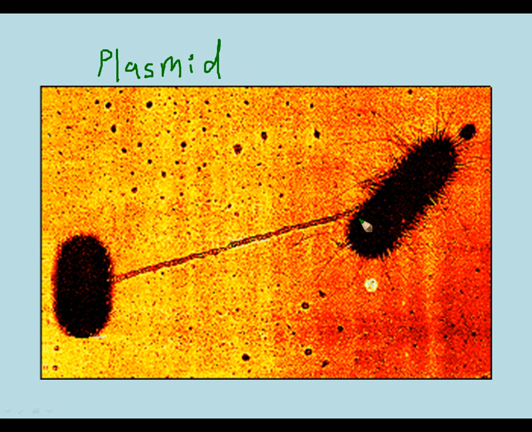So through making these little bridges, these pili, which can connect two bacteria, a plasmid, or a copy of the plasmid, can be transferred from one to the other, and that's actually how bacteria can become resistant to drugs like antibiotics. So bacteria can technically exchange some DNA too.